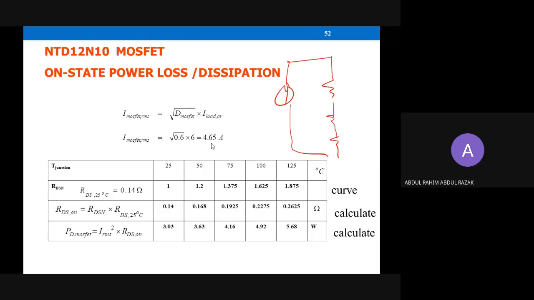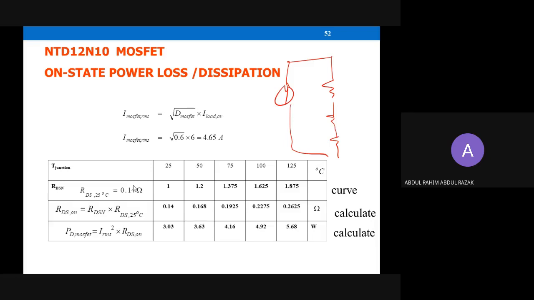Okay, based on the graph for the datasheet, this one is NTD 12 and 10. If you refer to your datasheet, and this is datasheet number 3 if I'm not mistaken, NTD here.